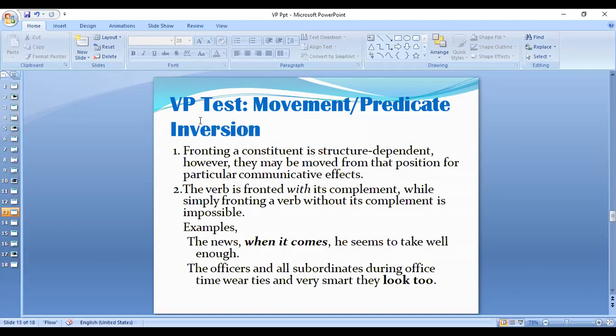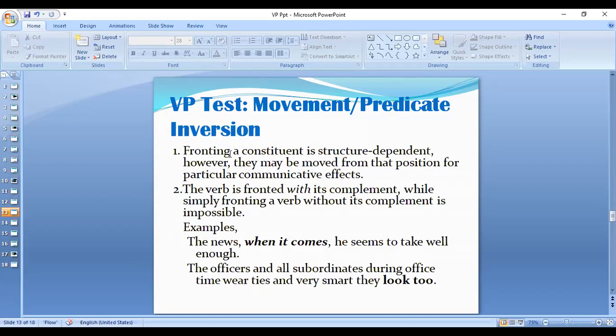The second approach of testing or identifying verb phrase is the approach of movement, or predicate inversion. Sometimes the predicate is inverted. The first is fronting: a constituent is structure dependent. However, they may be moved from that position for a particular communicative effect.